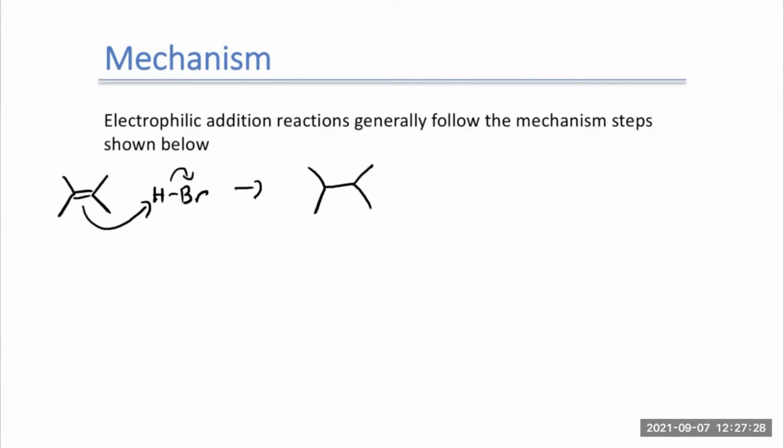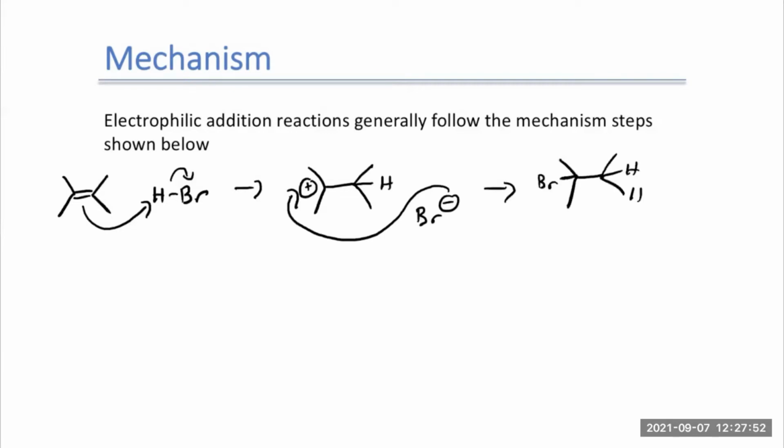And since our double bond is symmetric, it doesn't really matter which side we draw that hydrogen on. And then we have our bromine floating around. So here we have our bromide ion. It will then come and attack the positive charge or the carbocation, which then leads to the addition of that bromine and gives us our product.